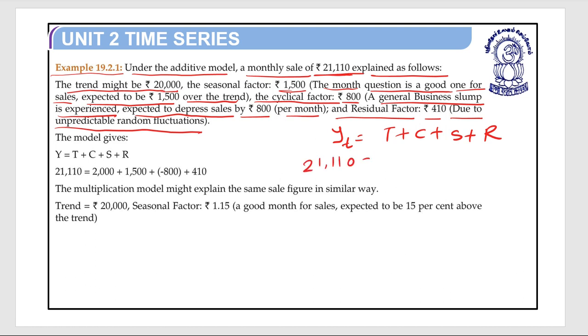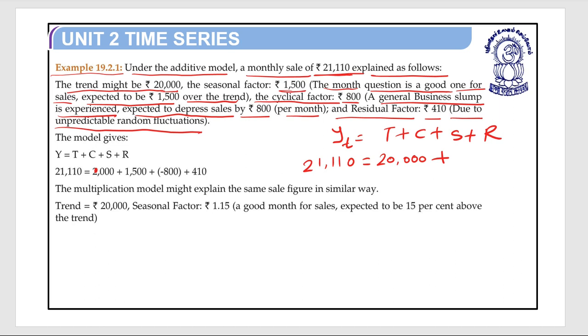So 21,110 is equal to 20,000 plus C. I think there is a mistake here with 20,000.